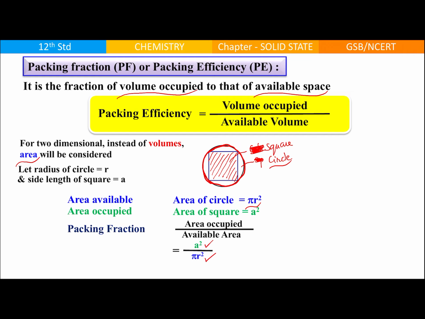Now you try the next diagram on your own. What is the area occupied? The area occupied is the area of the circle. And what is the area available? The area available is that of the square. You can pause the video and find out the packing fraction in this case.